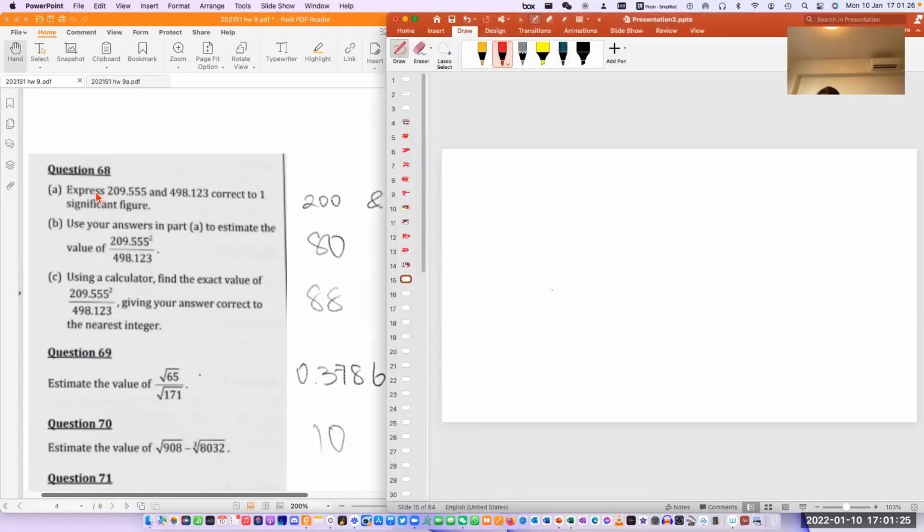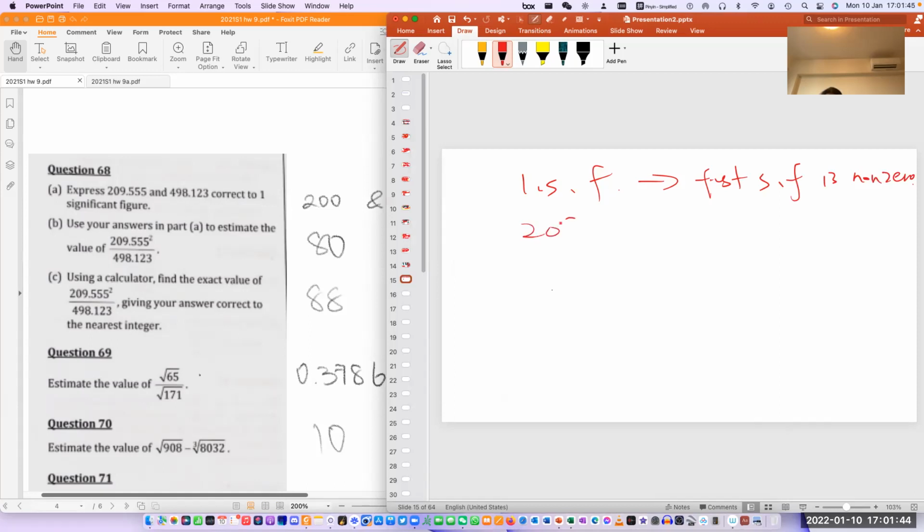Over here you have this, express this, and then correct to one significant figure. So once again, how do you find one significant figure? Just to remind you once again, the first significant figure is the first non-zero digit.